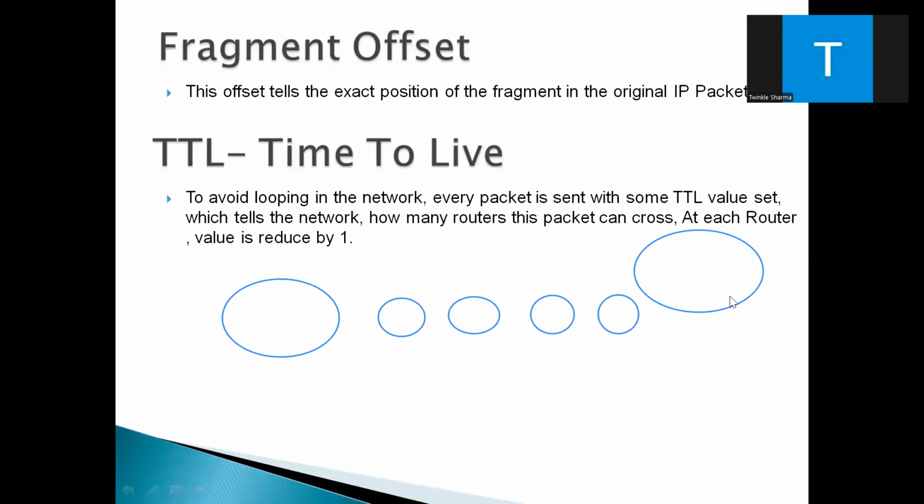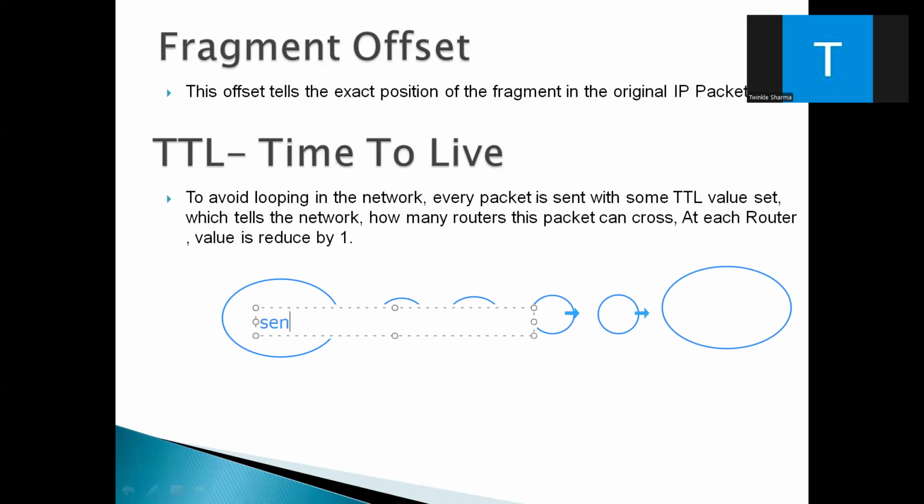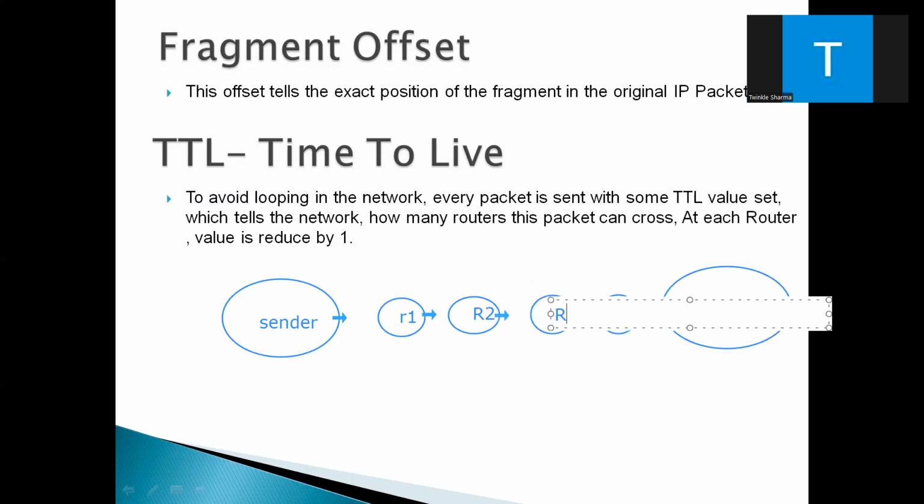Let me take only 4 routers. Then we connect. This is our sender, this is router 1, R1, this is router 2, this is router 3, this is router 4, and this is our receiver, or we can say destination.